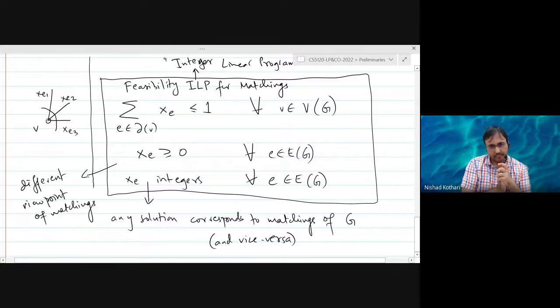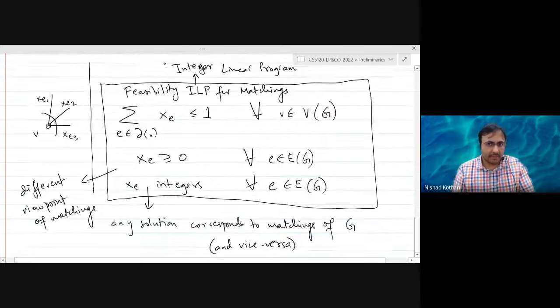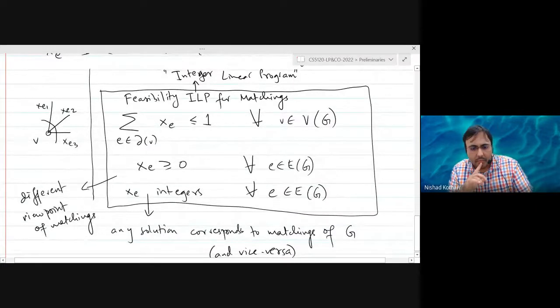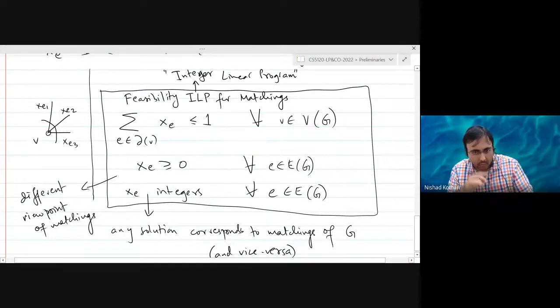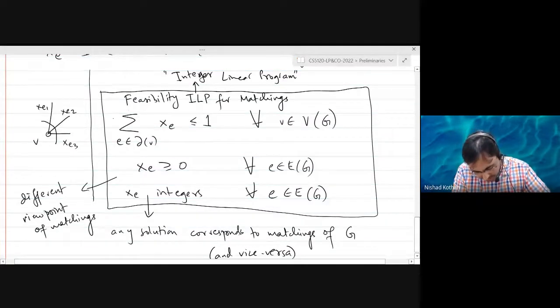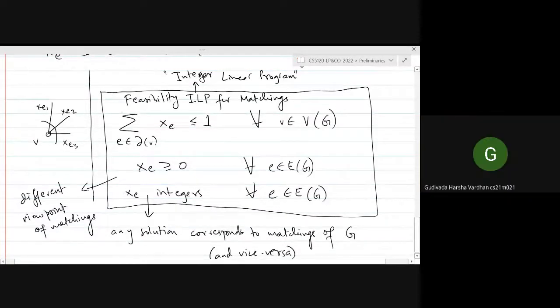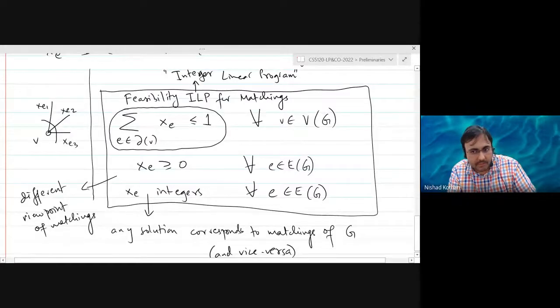Okay. So what about perfect matchings? Maybe we need to concentrate on the summation. So the summation equal to 1, right? We are only going to change the summation to be equal to 1, and if we make the summation at each vertex equal to 1, that just means that every vertex has been matched, and that would become the feasibility integer linear program for perfect matchings.